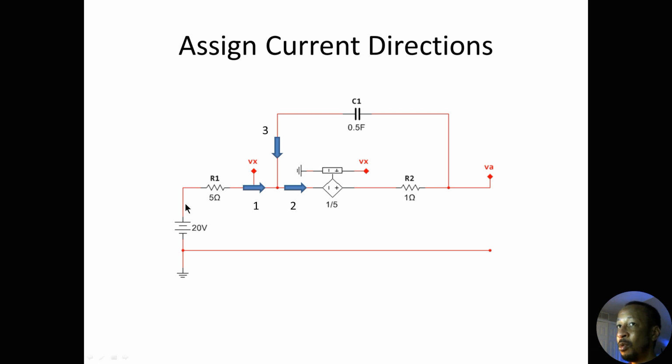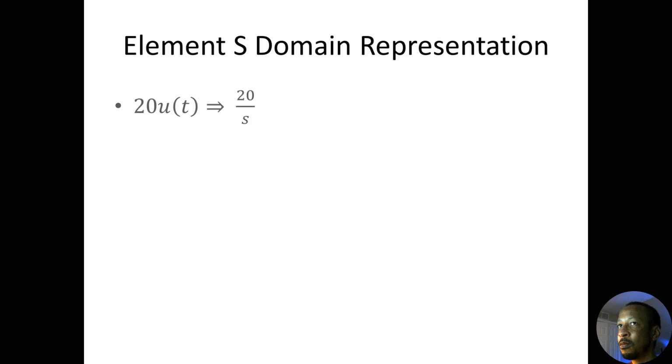But it would be even more complete if you had a switch there for U of t. Okay, so the 20 volt is multiplied by U of t in the time domain, and then you end up with 20 over S in the S domain as the representation of that.